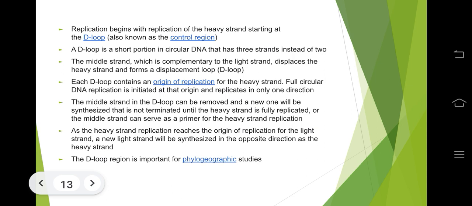The middle strand in the D-loop can be removed and a new one synthesized, and it is not terminated until the heavy strand is fully replicated, or the middle strand can serve as a primer for the heavy strand replication. As the heavy strand replication reaches the origin of replication for the light strand, a new light strand will be synthesized in the opposite direction as the heavy strand. The D-loop region is important for phylogeographic studies.